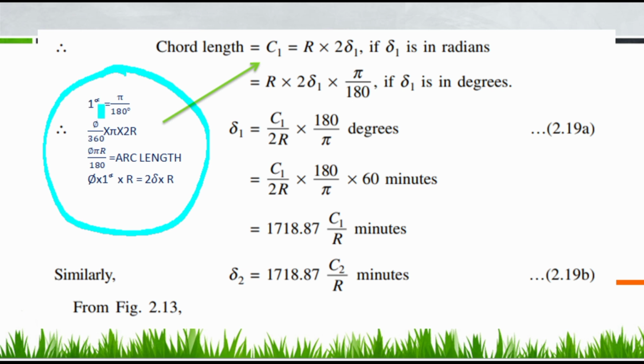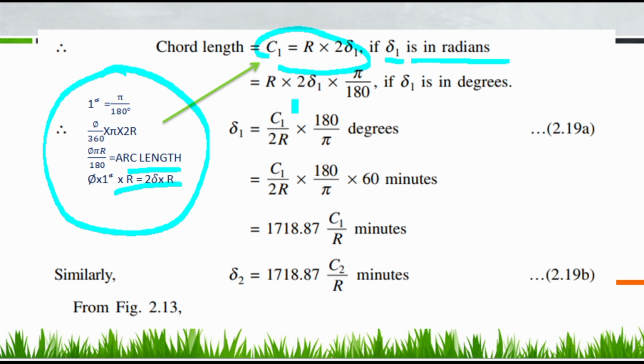I use the fact that one radian is equal to pi over 180 degrees, then substitute all my values into the arc length, and I get the deflection angle multiplied by R. So if our deflection angle is in radians, this is how the formula is done, and I have illustrated it in more detail in the other video. Make sure you look for it, the video under the chord produced.